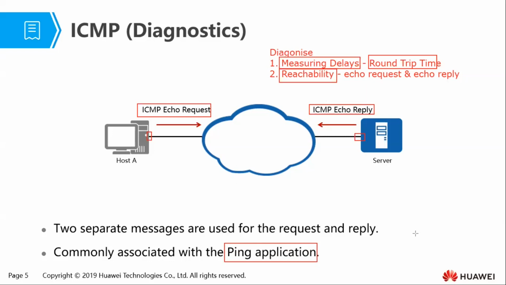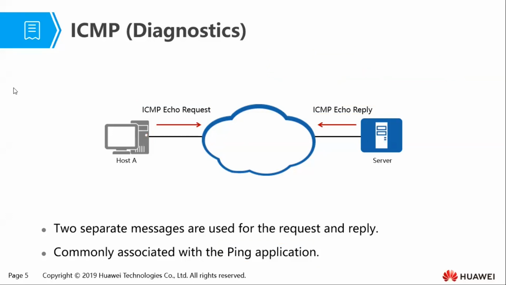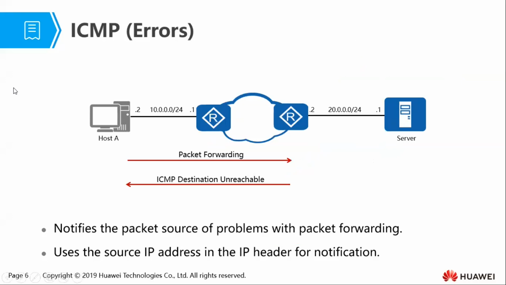You can just open command prompt, then type ping www.facebook.com. Your DNS is going to translate facebook.com into a public IP. Then it's going to send echo requests. Then you're going to get echo replies if you're able to reach the Facebook servers. So those are the two main capabilities of ICMP in regard to diagnostics.